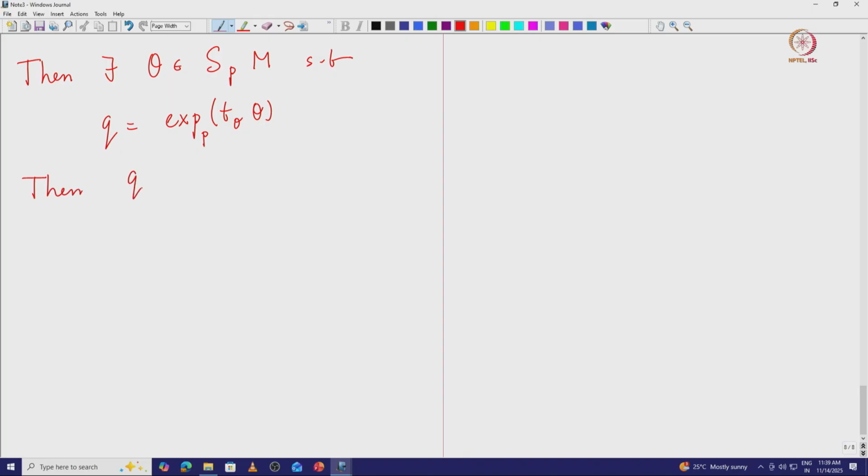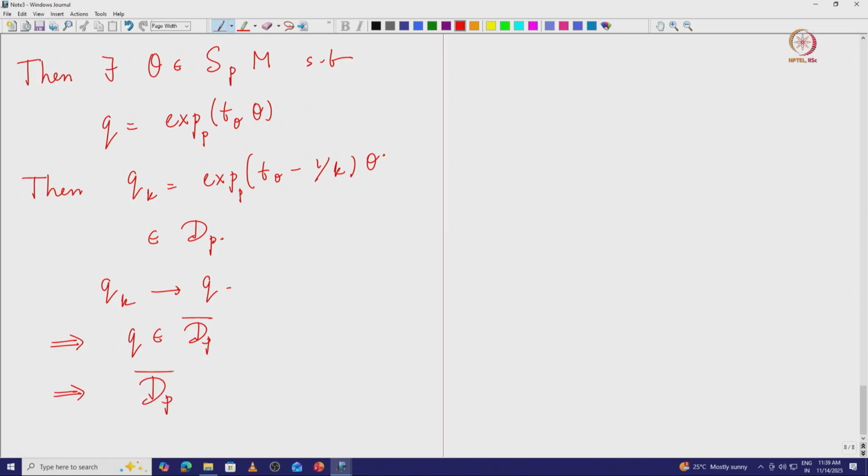Then just take q_k to be the exponential of (cut time minus 1/k) acting on theta. So, each of these q_k's will now belong to the segment domain, and clearly q_k converges to q, which implies that q is in the closure of the segment domain D_p. So, we have shown that any point in the complement lies at least in the closure. This means that the closure is all of M, or that D_p is dense.